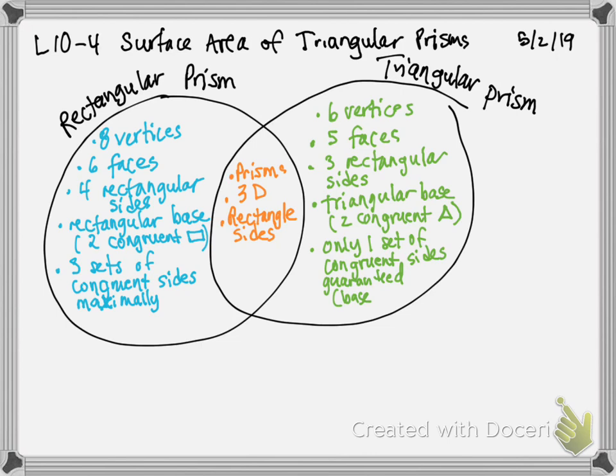Now, it is possible if my triangle has 2 sides that are the same, which is called an isosceles triangle, it is possible I'm going to have 2 rectangular sides that are congruent. If I have a triangle that all the sides are the same, that's called an equilateral triangle, then I could have all the sides would be congruent, and then the bases would be congruent. So there you go. All right, so let's talk about formulas.